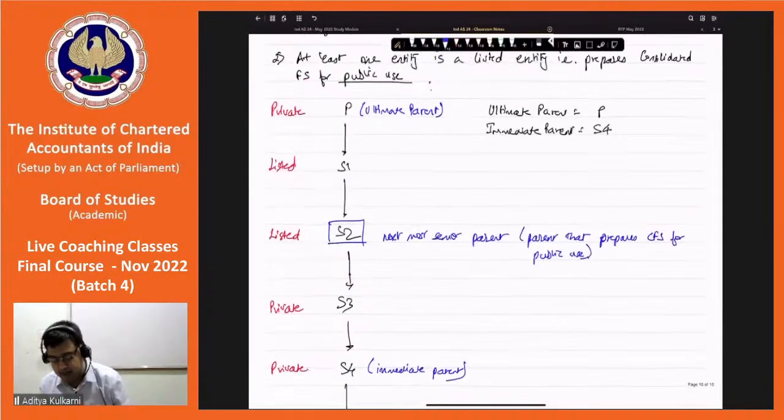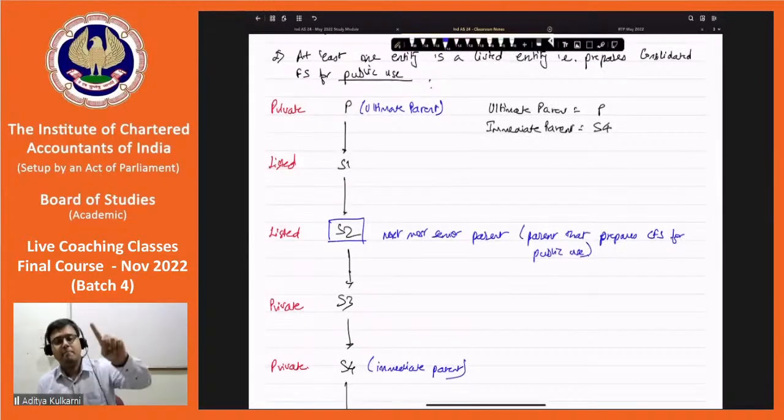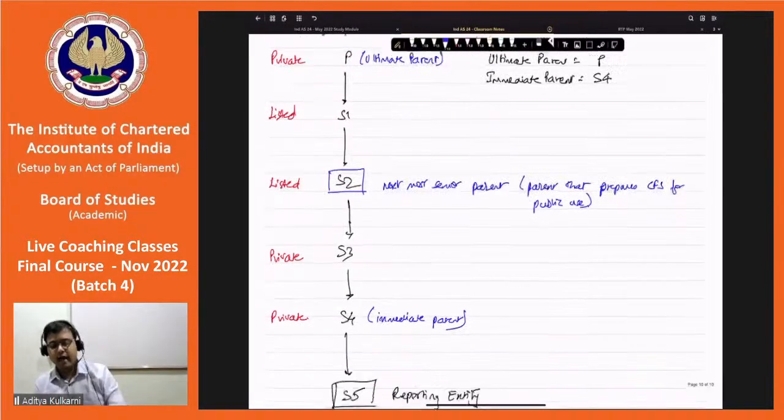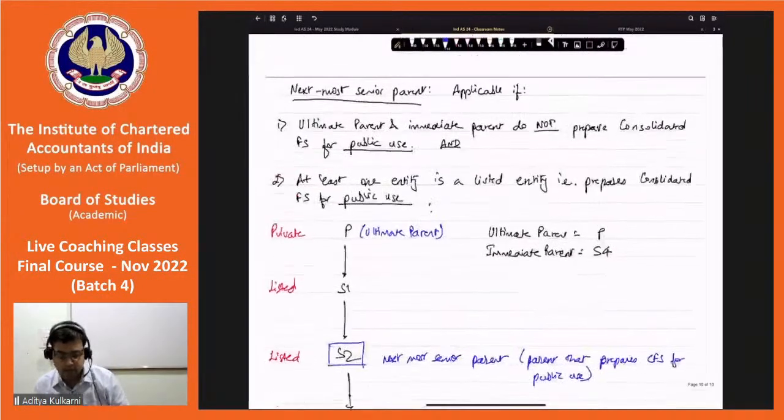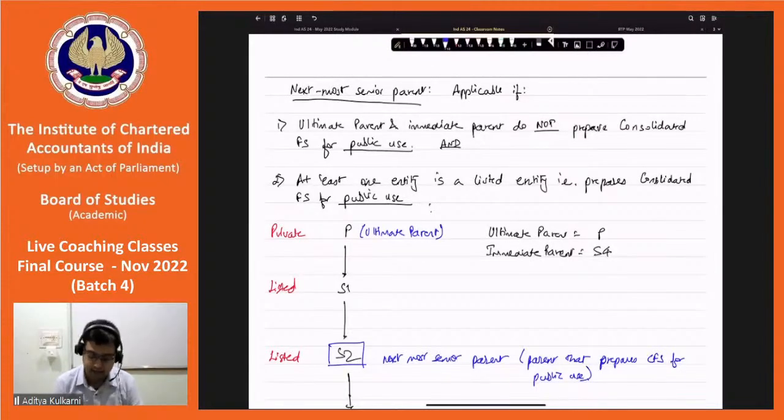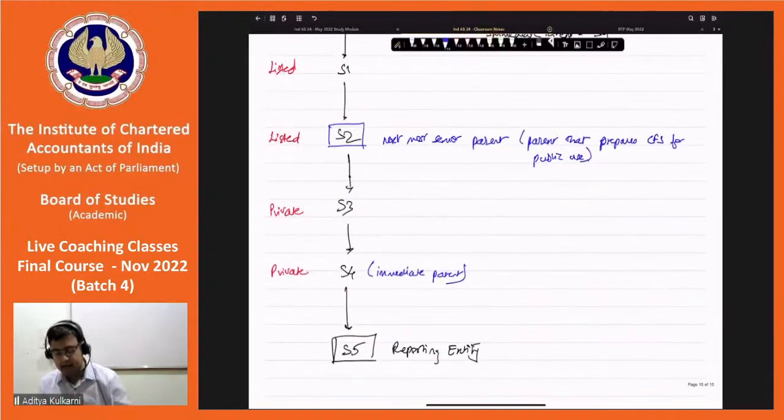So for senior parent, what do you obviously need? Parent should be unlisted and the reporting entity is there. Parent should be unlisted and immediate parent also should be unlisted. Then at least one entity is a listed entity, so it prepares consolidated financial statements for public use. So between P and S4, there must be at least one listed entity.